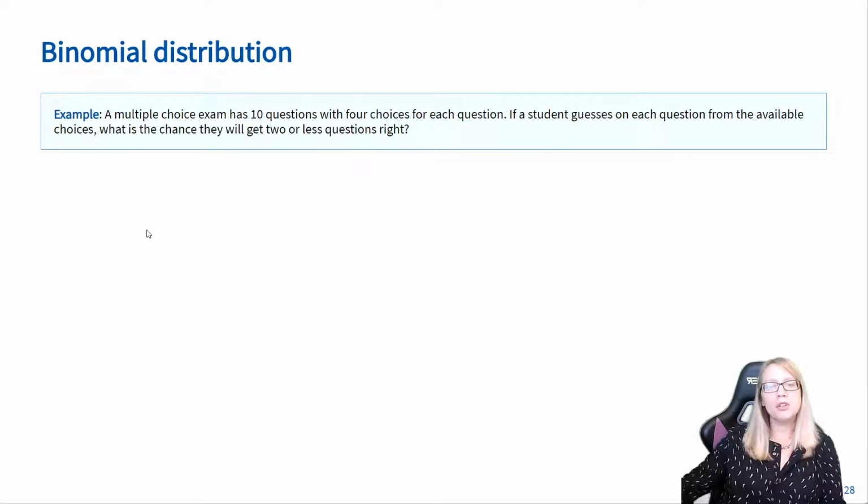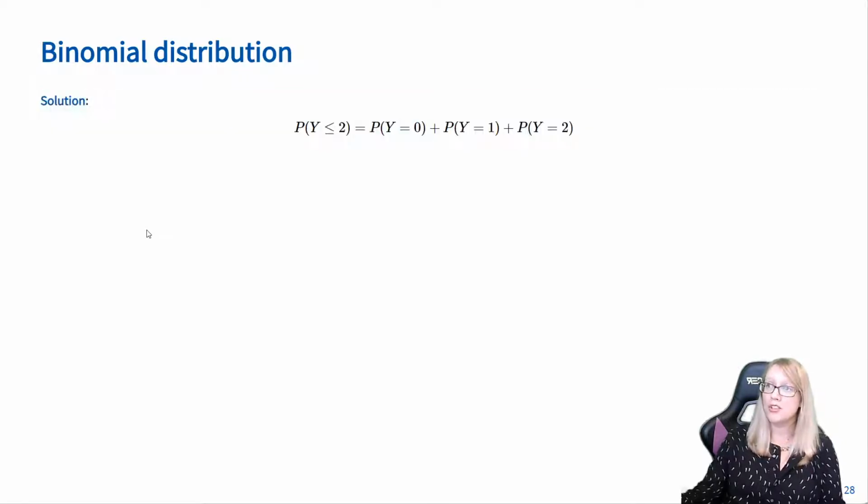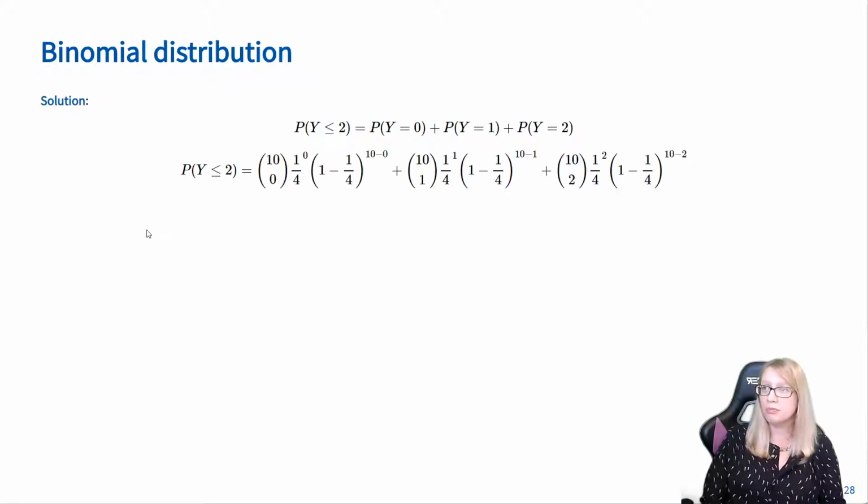So if this multiple choice exam has 10 questions, again 4 choices for each question, what's the chance that the student will get 2 or fewer questions correct? So there's a few ways that we could approach this. We could approach this by adding up all of the outcomes up to 2. So the probability that y is less than or equal to 2 is the probability that y is equal to 0, plus the probability that y is equal to 1, plus the probability that y is equal to 2.